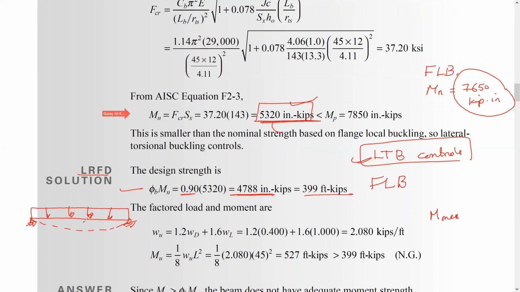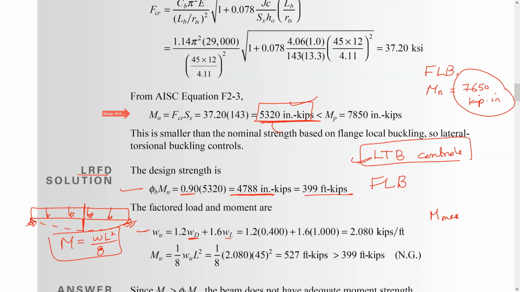The maximum moment is going to be at the mid, and this moment is equal to WL square over 8. So this is the maximum value for a simply supported beam loaded with a distributed load. And here, the distributed load actually is dead load and live load. So we're going to check the load cases, and this is the one that controls.